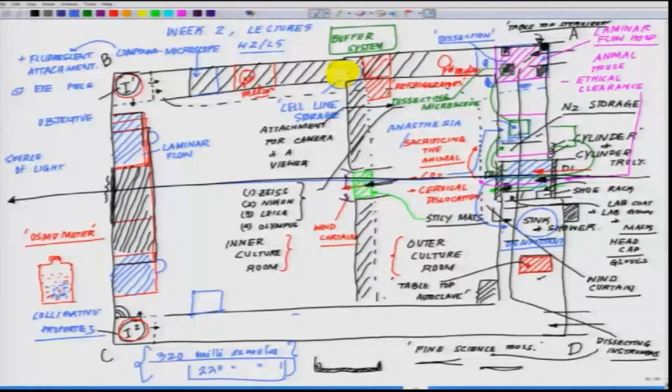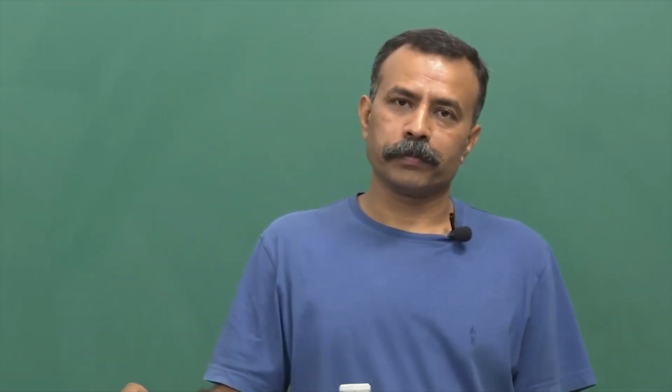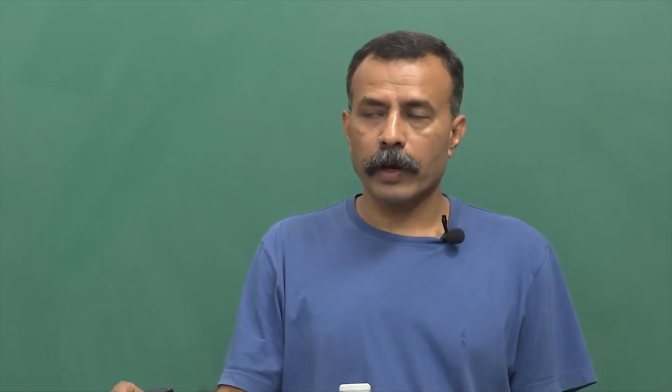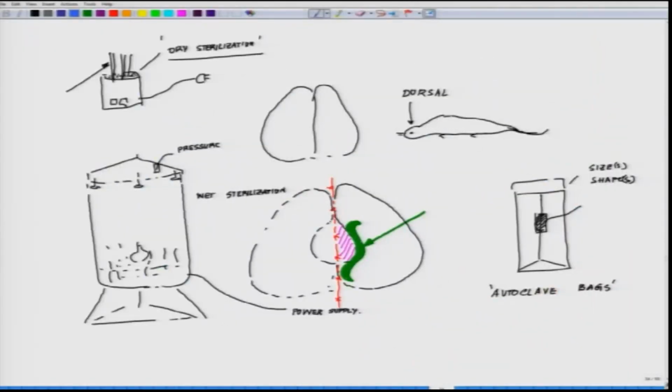Suppose you are working on developing a medium for neural culture, neurons, right? So if you see this picture, for example, you want to culture hippocampal neurons, or cortical neurons, or any part of the brain.